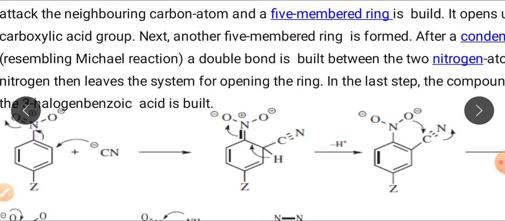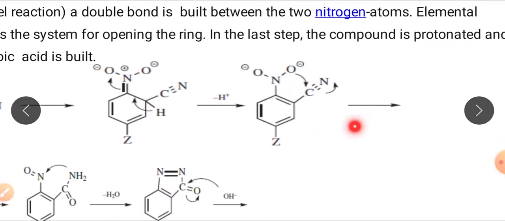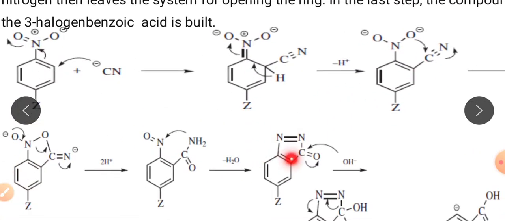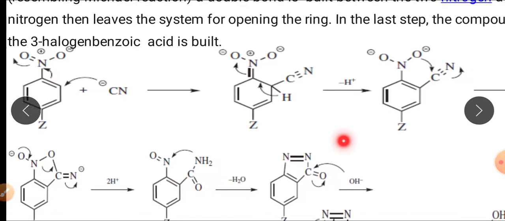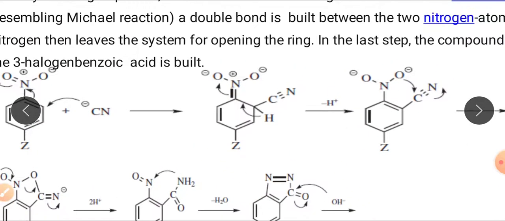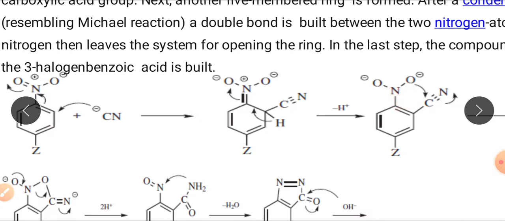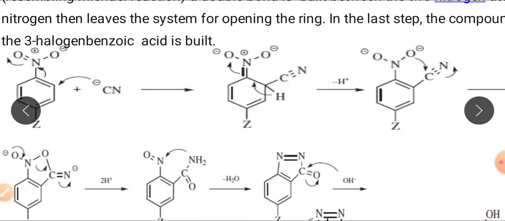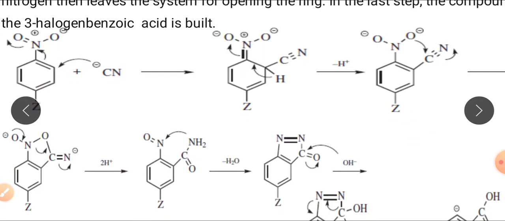Now you can see that in the next step, this is nitrogen, and to this nitrogen two oxygens are attached and both are carrying the negative charge, and this CN group is here. So nitrogen and carbon both are here. Nitrogen is more electronegative in comparison to this one, so this particular carbon is electron deficient and bears a partial positive charge.